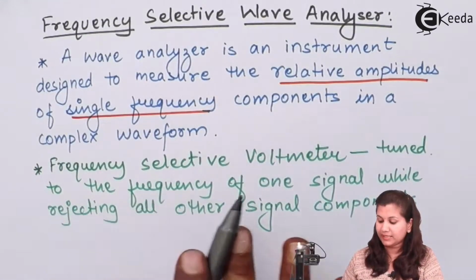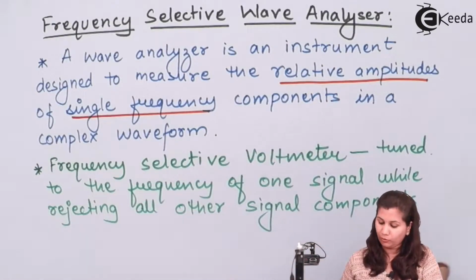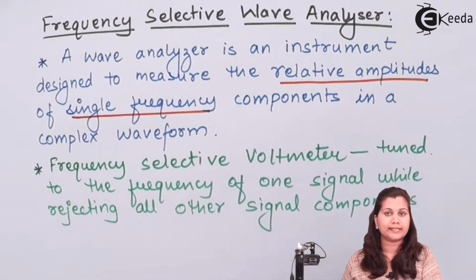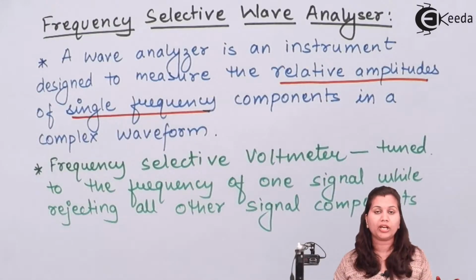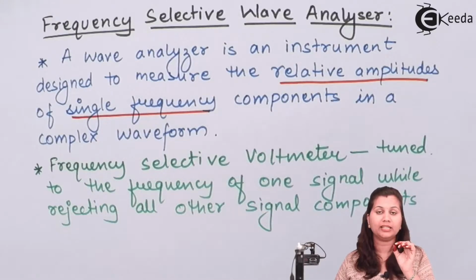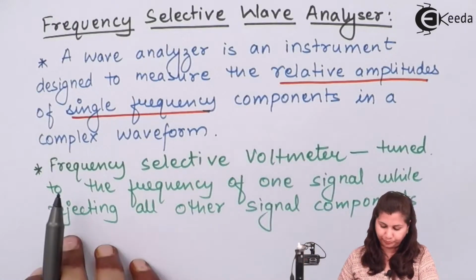This frequency selective voltmeter is tuned to the frequency of one signal while rejecting all other signal components. All the other components, like the harmonic components or any other components present in the signal, will be removed, and only at that particular frequency will the amplitude be measured by this voltmeter.